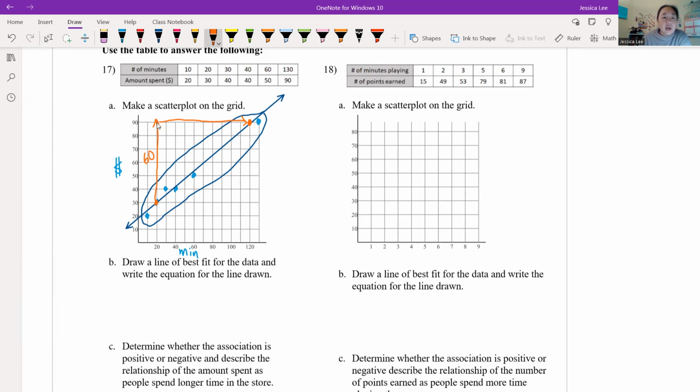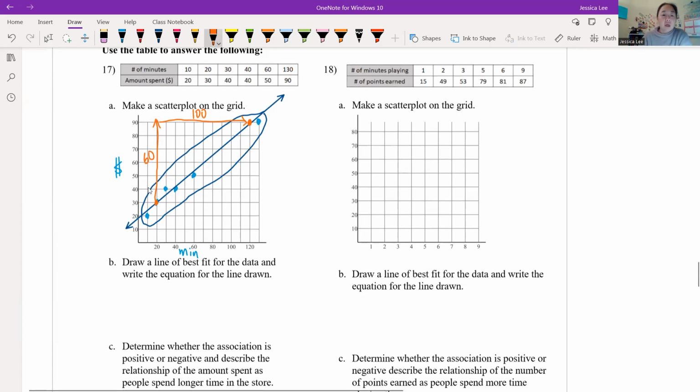Okay, another way to do it. Each one of these is also worth 10, right? You have to look at your scale. So 10, 20, 30, 40, 50, 60, 70, 80, 90, 100. And just to check, I started at 20 and I ended up at 120. Well, that difference is 100.